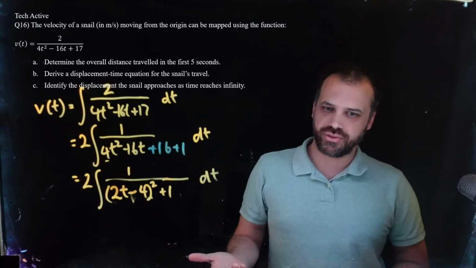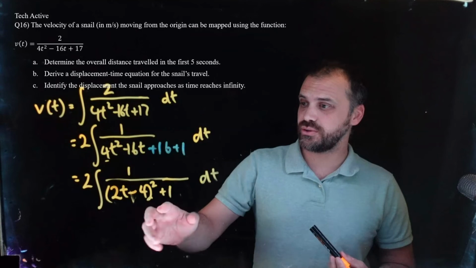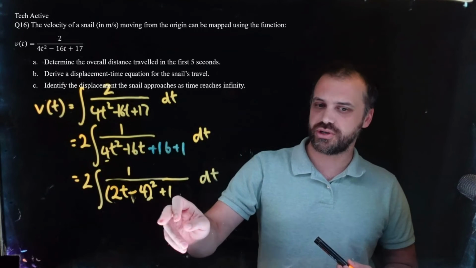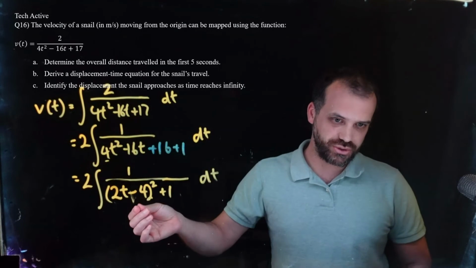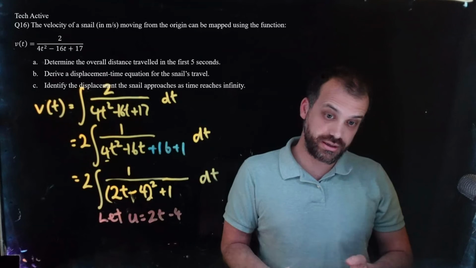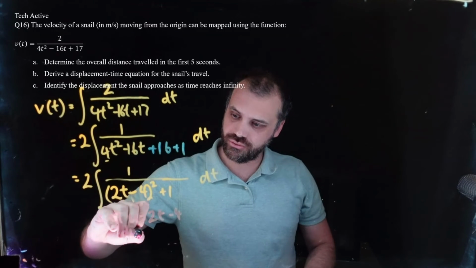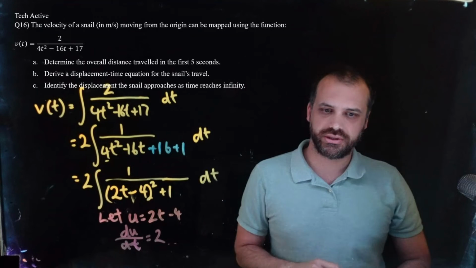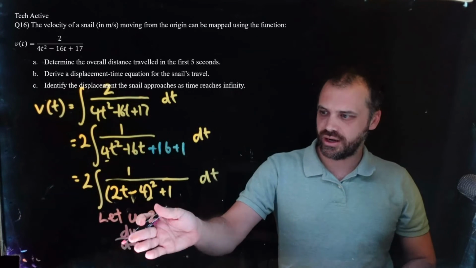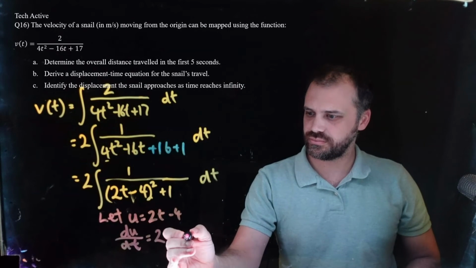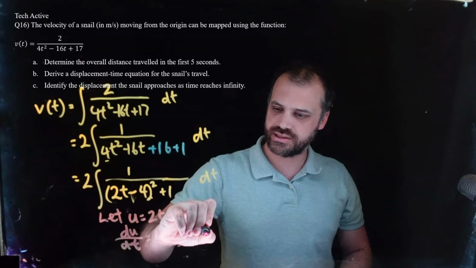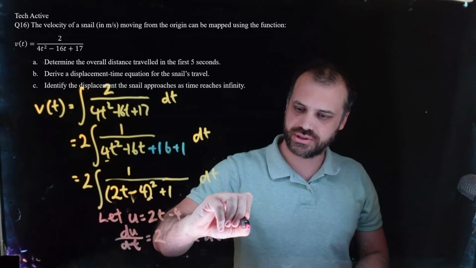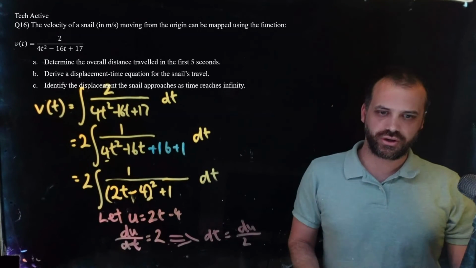Why would I want that? Because I could let this 2t minus 4 be equal to u. If I let u equal 2t minus 4, then the derivative of u with respect to t will be equal to just plain old 2. I can rearrange that to say that dt equals du over 2.